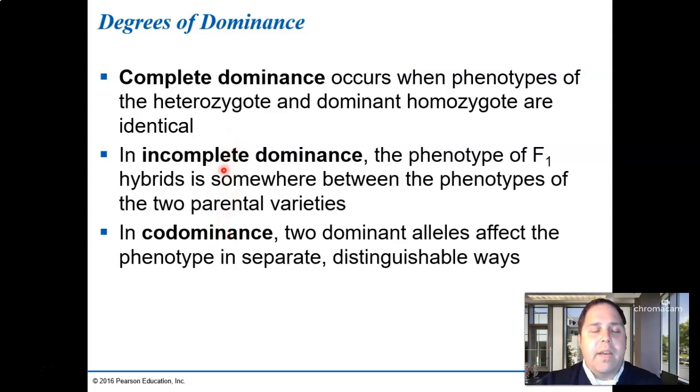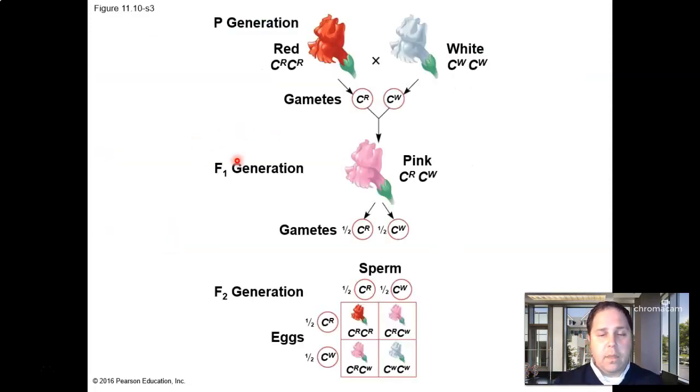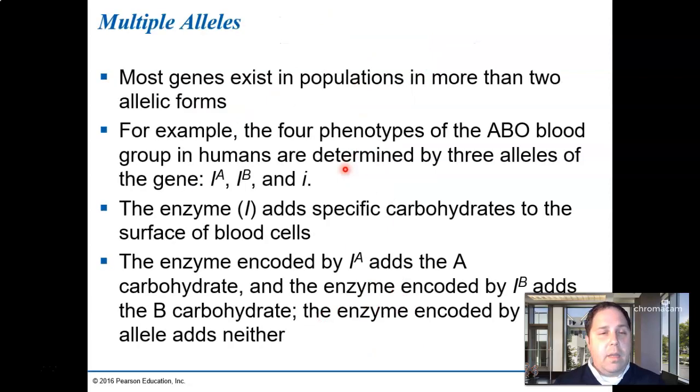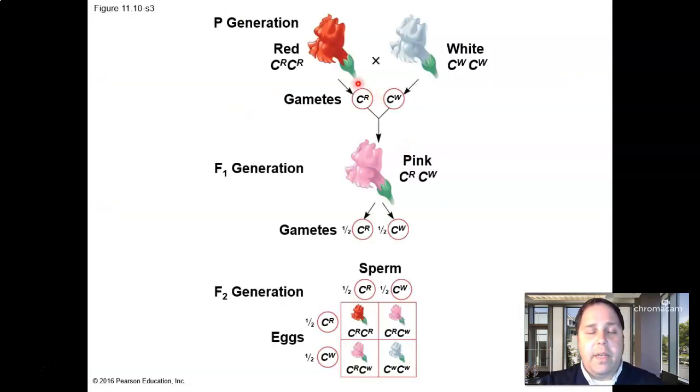But definitionally, in incomplete dominance the heterozygote looks like a mixture, and in codominance the heterozygote looks like both of the parents. So here's an example of incomplete: red and white make pink. I don't have an example of codominance, but red and white would make red and white.